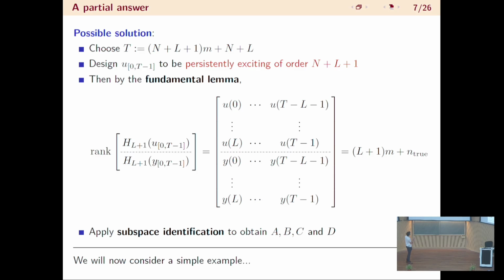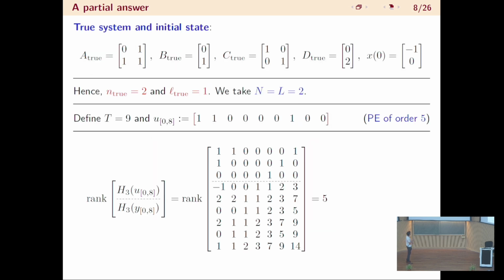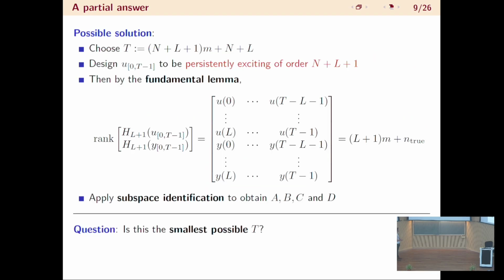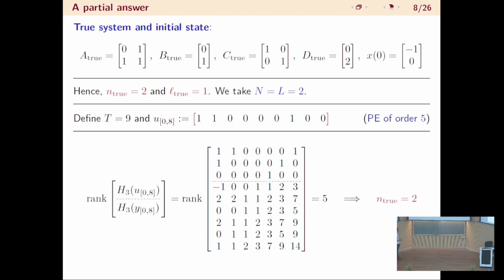So this is 3 in our example, plus the true state space dimension. Meaning that n true must indeed be equal to 2. And then finally I can use these data, this input-output Hankel matrix, to identify A, B, C, and D.